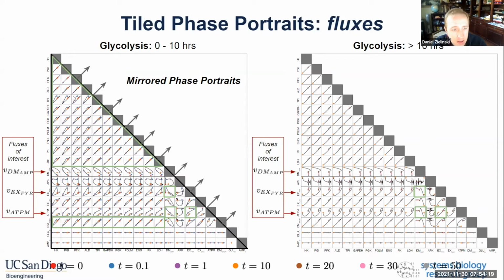We can also, as I mentioned, plot one variable against another, and you might ask, which variables do I pick? What is meaningful? Well, oftentimes you don't know, and so you want to create one of these, which is called a tiled phase portrait, where you take all of your variables and plot them against each other to see what kind of interesting interactions can show up.